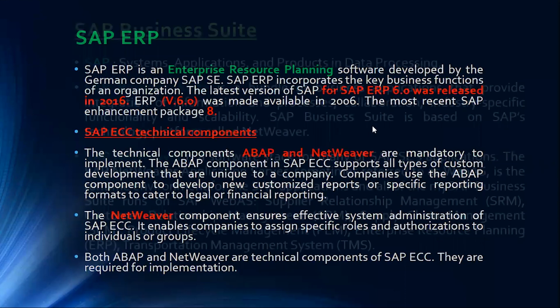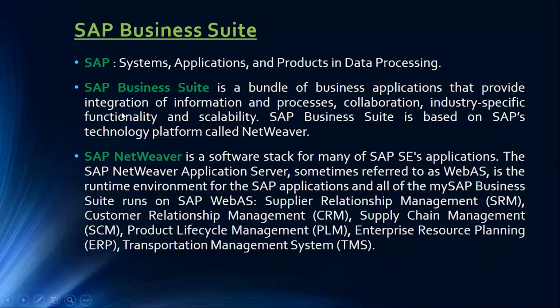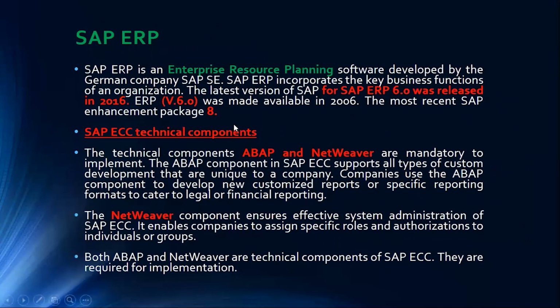Say your company follows a certain business process, some XYZ, and this software logic should match that. Then you should use ABAP to achieve that. Companies use this ABAP component to develop new customized reports or specific reporting formats to cater to legal or financial reporting.